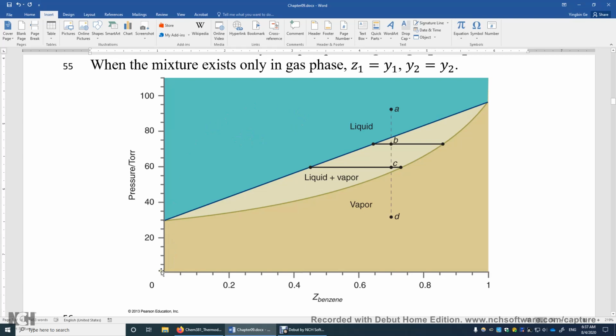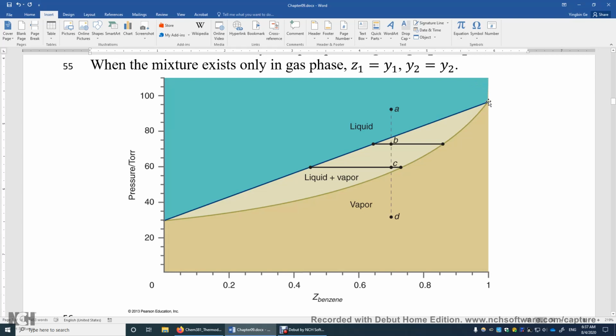Over here, this is 0% toluene. Over here, this is 100% toluene. In this region, you have 100% liquid phase. Now let's make it even simpler. Let's say we have 100% benzene. Under higher pressure, it's in the liquid phase.